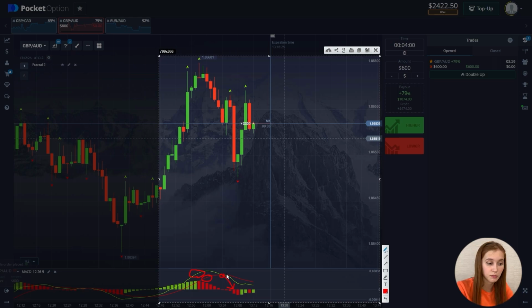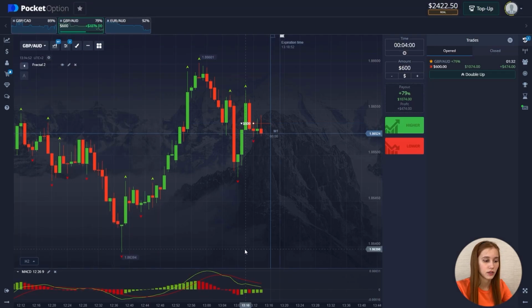Everything is very simple. It's enough to see which line is higher and where the lines are directed. In this case, the signal line is located at the top and the lines are directed down. Accordingly, the chart will move down. But if there was a green line at the top and the lines diverged and were directed up, then we would open for an increase. I hope you understood everything, and we'll wait for the closure.